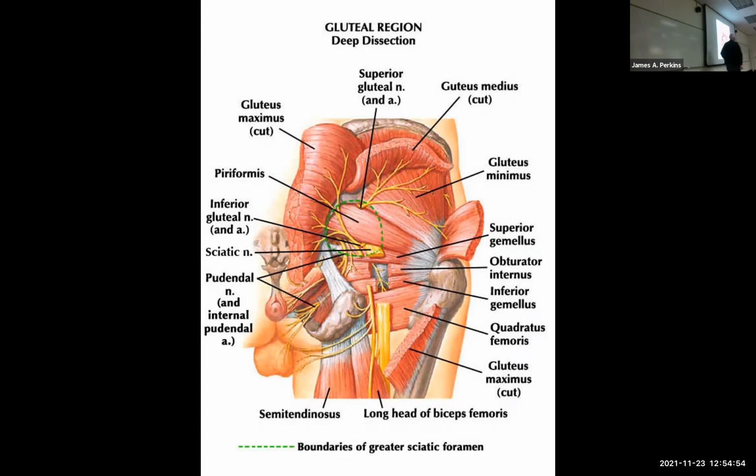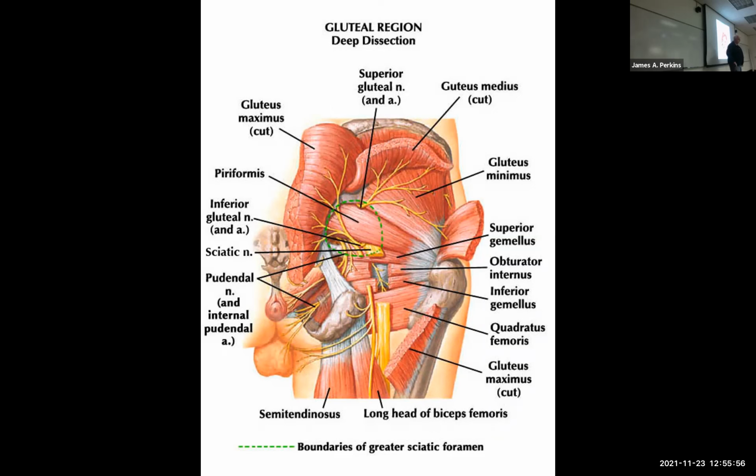I haven't mentioned anything yet about the actions or innervations of these muscles. All of these little muscles, piriformis, the twins, obturator internus, quadratus femoris, all of those little muscles are lateral rotators of the hip joint.